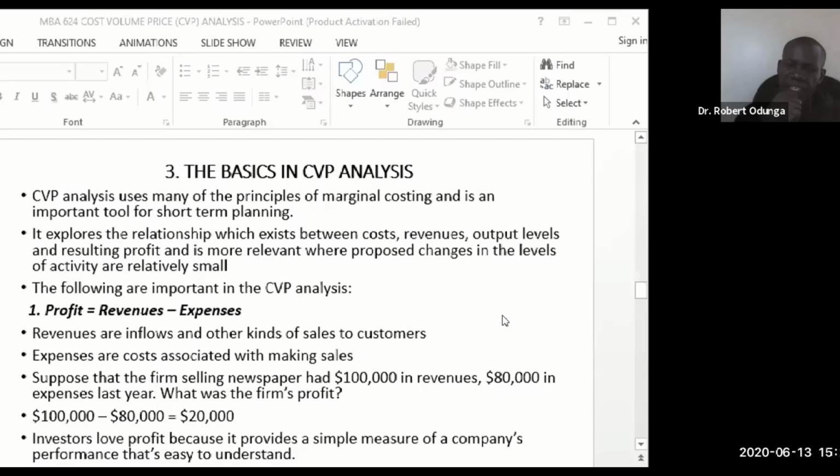Yes, small changes in the production activity levels are the ones, because it's actually short-term in nature, and that means the shorter the period, the smaller the magnitude of change that can be applied.